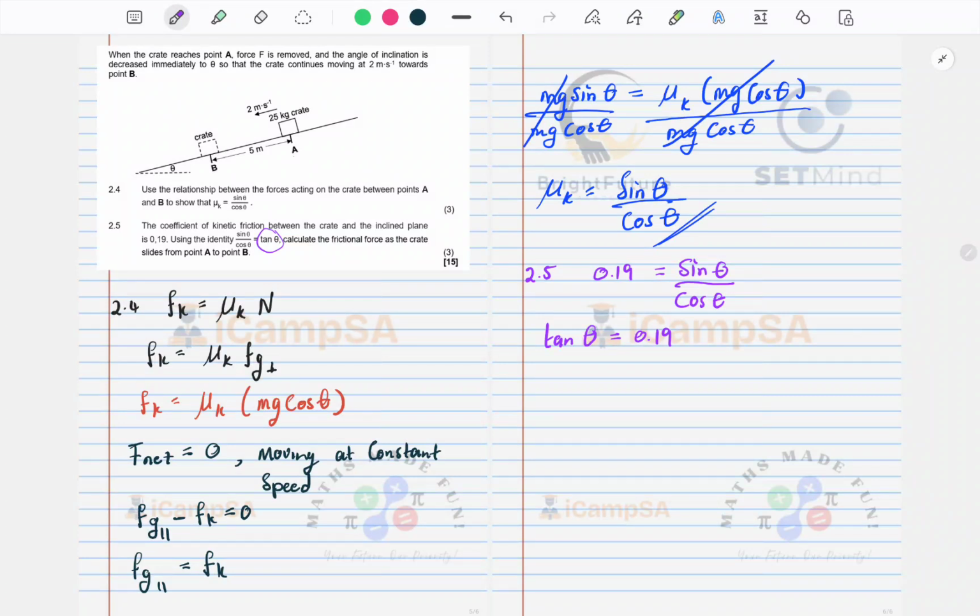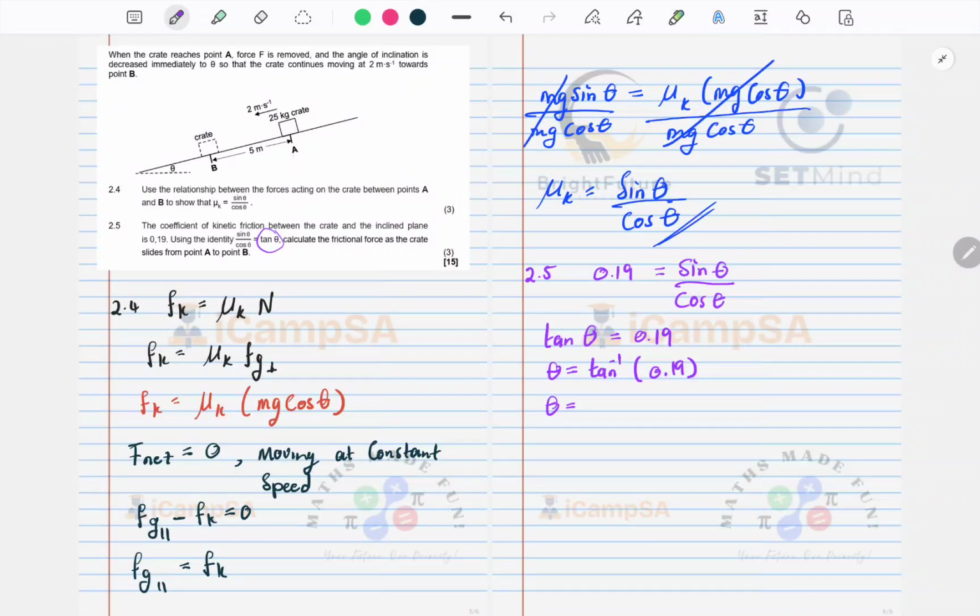Yes, we are almost there. So we can come here and say, what is theta? Theta is then equal to arctan, like so. Then we can get our theta.